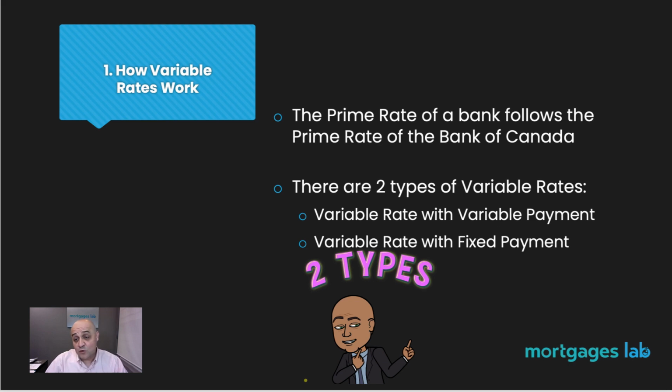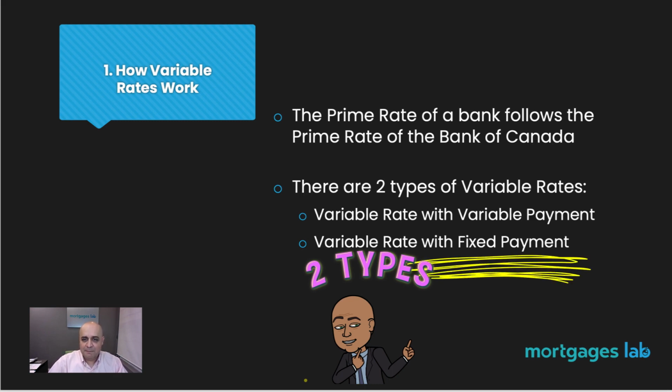Now, this is super important. You may know this or may not, but there are two types of variable rates. The first type of variable rates is one with a variable payment. So as the prime rate changes over time, the payment could go up or down. And the second one is a variable rate with a fixed payment.